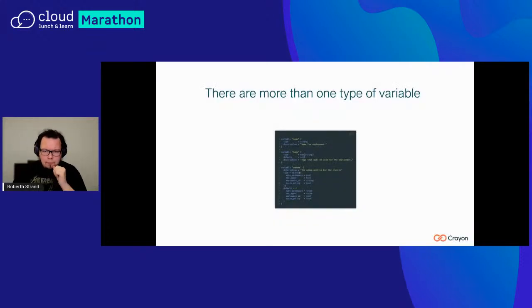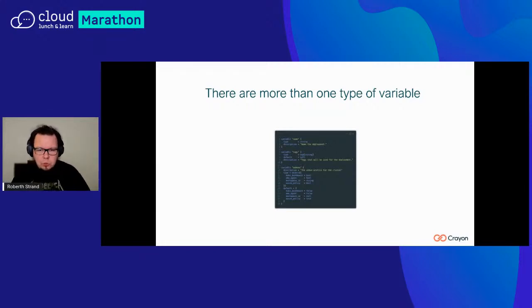And one thing that keeps popping up every time I talk about modules with people and I see other people's modules: remember, there's more than one type of variable. Variables, or input variables if you want to use the full name, are just a way for you, like in programming, to put a placeholder name somewhere which you can put a text into.